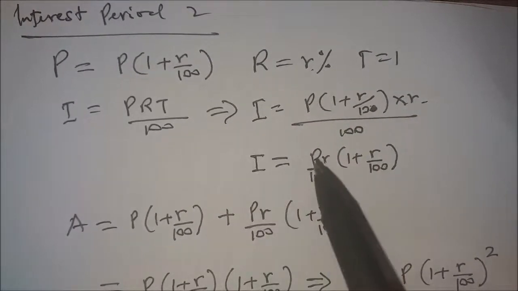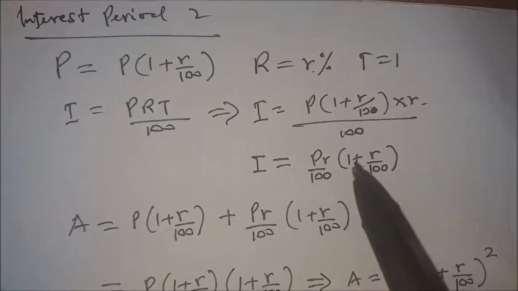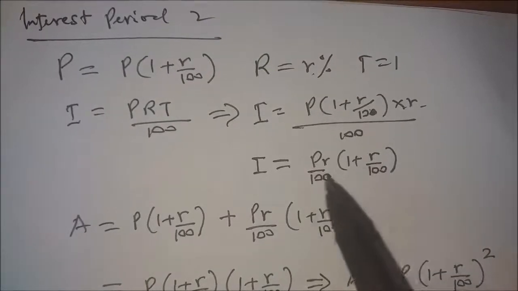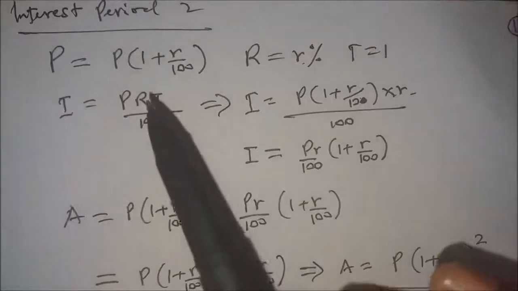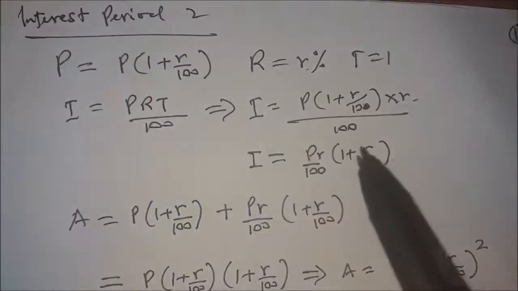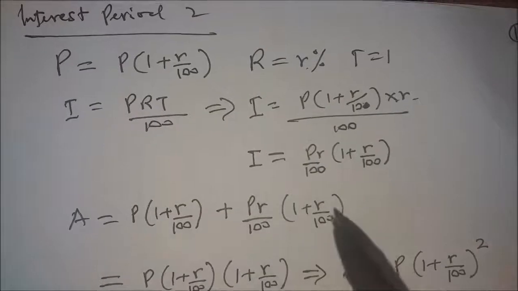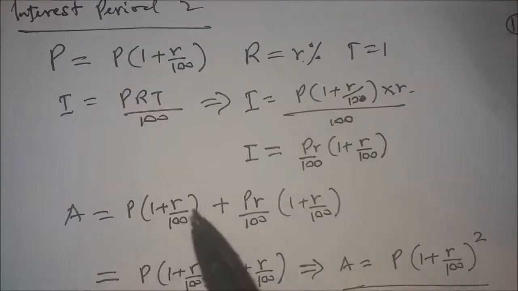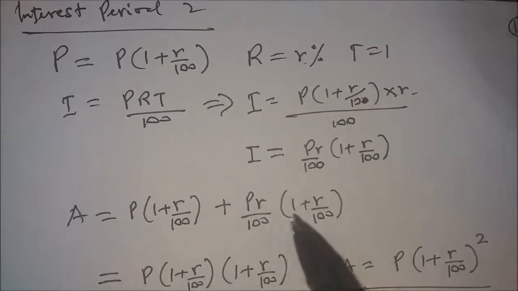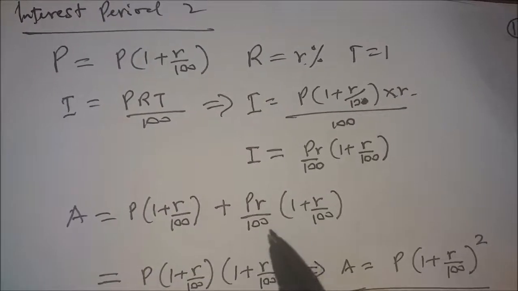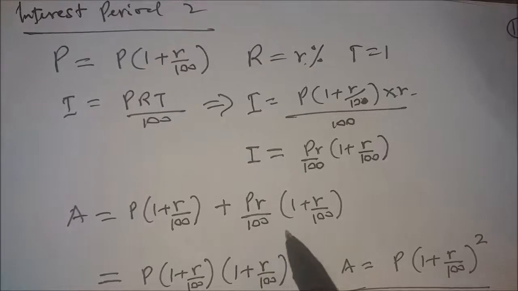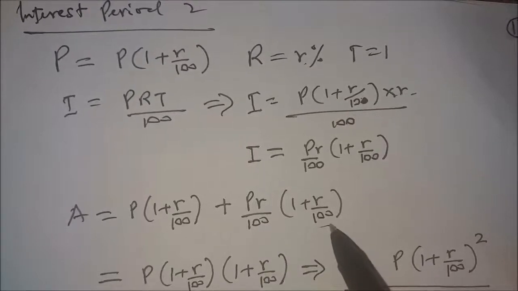So our interest is PR over 100 into 1 plus R over 100. This is the interest at the end of period 2. So what is the amount? We add this to that, and so we have this expression here. You can see this is the amount, principal plus interest, at the end of period 2.